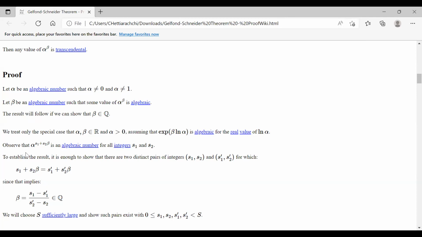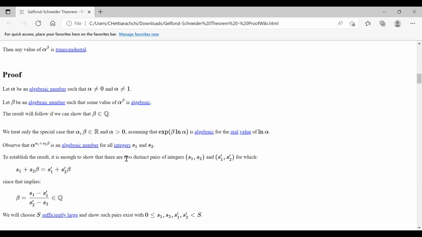Then by properties of algebraic numbers, alpha to the power s1 plus s2 beta is algebraic for all integers s1 and s2. This is because algebraic numbers are closed under addition and multiplication. Then we are going to show that we can write this power s1 plus s2 beta in two different ways.